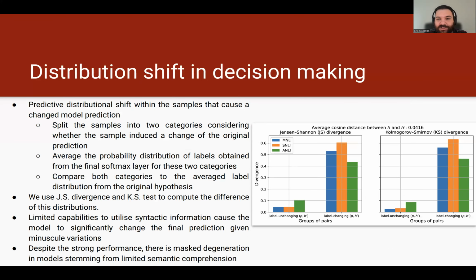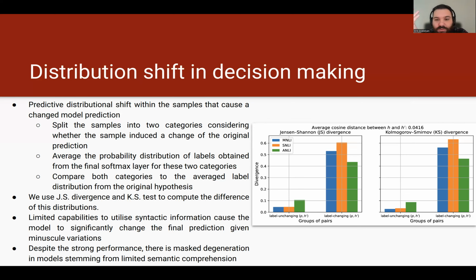So then we said, okay, let's go even one level deeper. Let's look into the distribution shifts in decision making: the predicted distribution shift within the samples that cause changed model prediction.